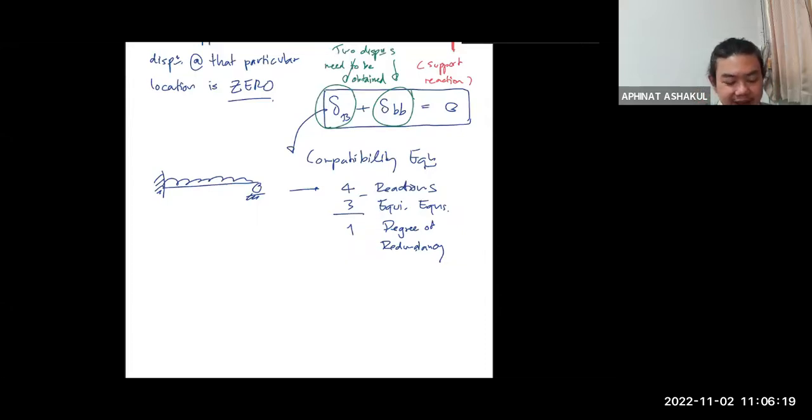Something can go wrong with the structure and the structure can still survive because the load can go elsewhere. If you have a determinate structure and something goes wrong, your structure will go bust. Okay, so the first thing is that you must be able to tell the degree of redundancy.